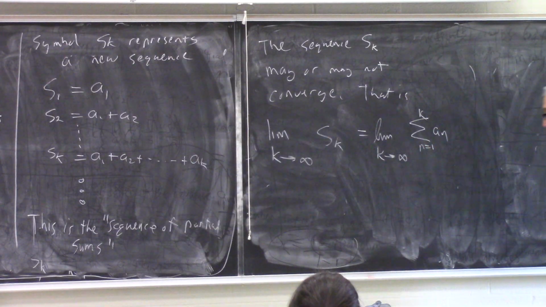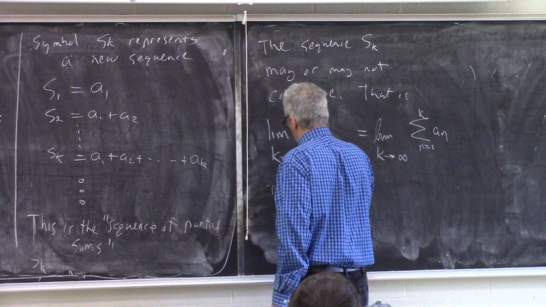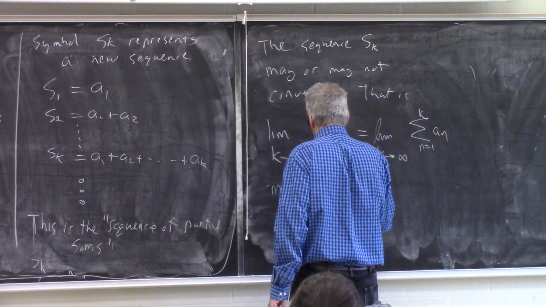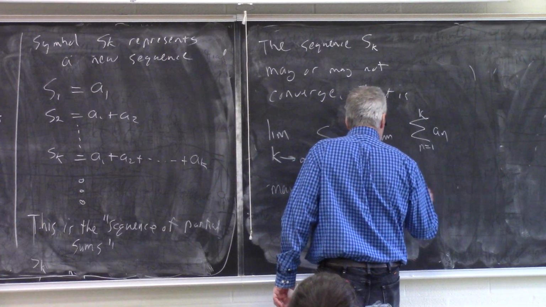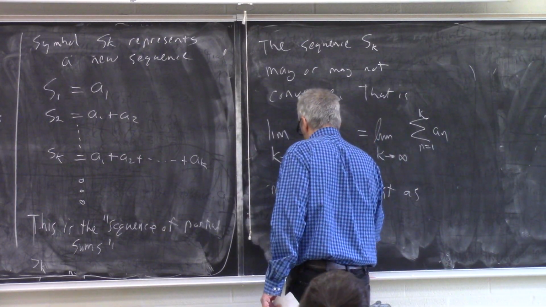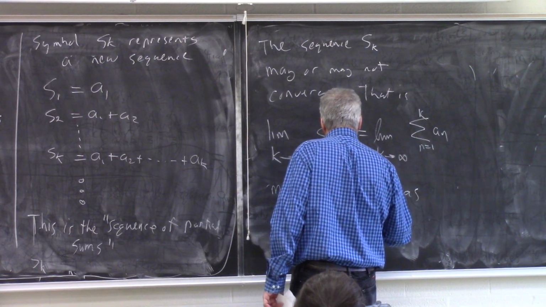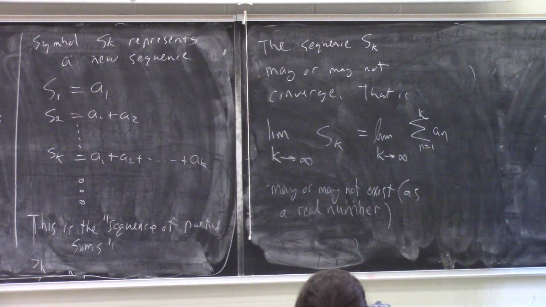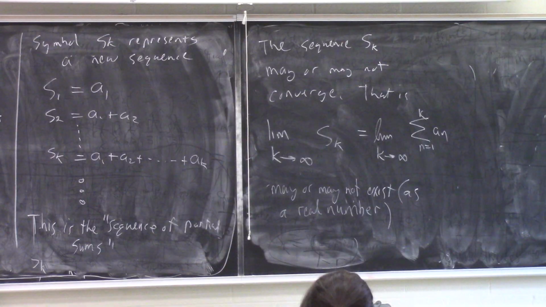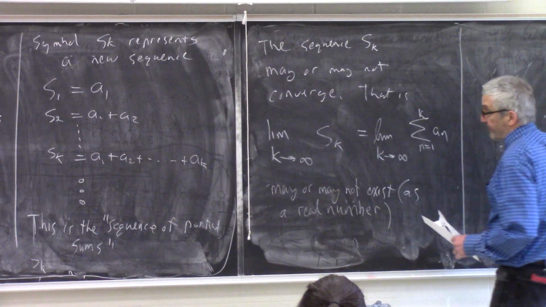This limit may or may not exist. And by saying the limit may or may not exist, we mean it may or may not exist as a real number. So that brings us to meeting part 3, which is infinite series.